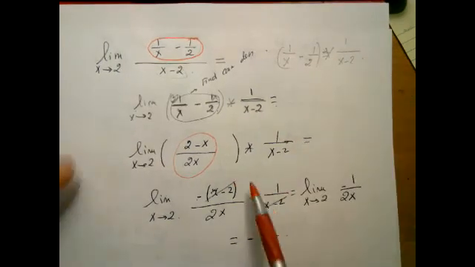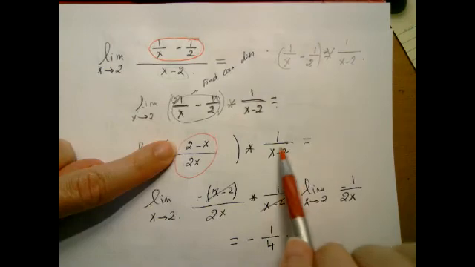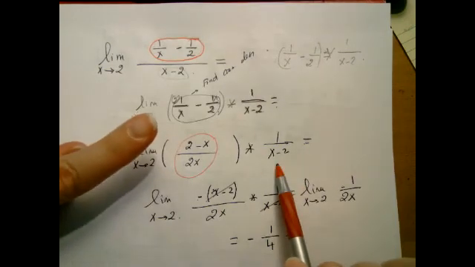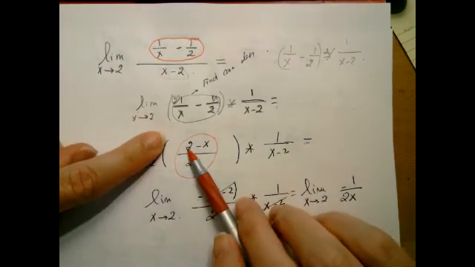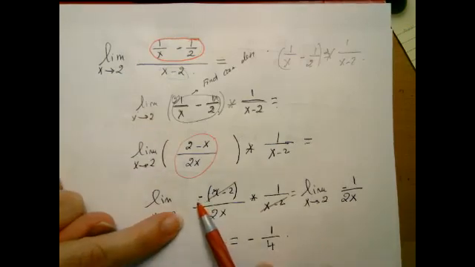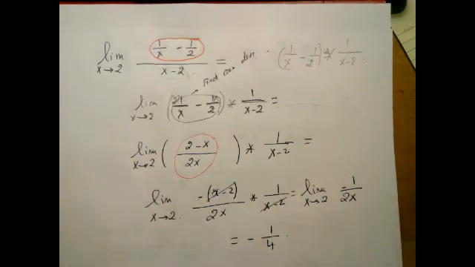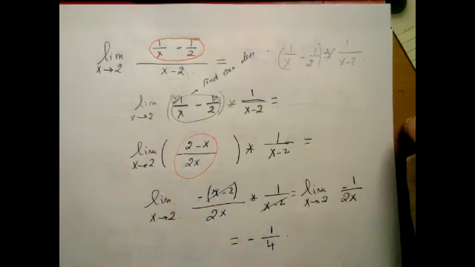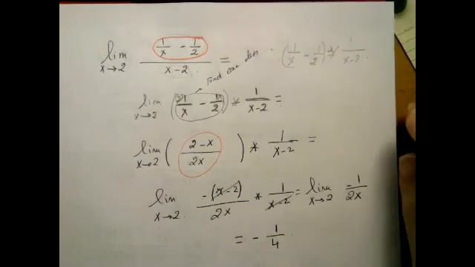Once we did that, we realized that we can almost get rid of x minus 2, but not quite, because that's 2 minus x. So we took a minus away. This will give me x minus 2 because minus x plus 2. And this prepared the problem to be able to do it.